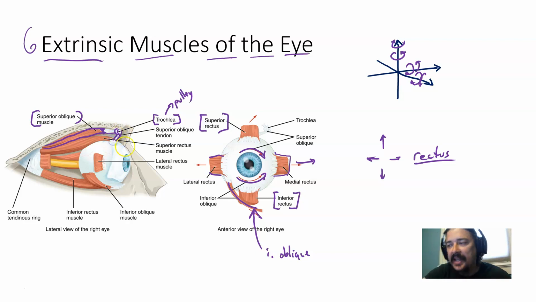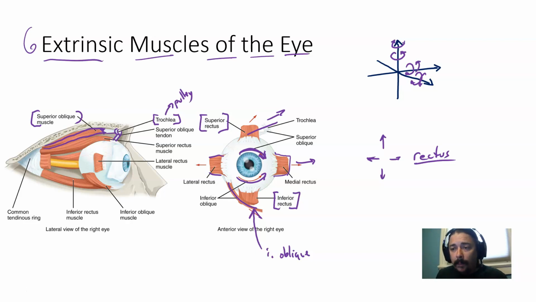The tendon then attaches to the eye obliquely, and that pulls the eye in a rotation. Whether it's counterclockwise or clockwise depends on the eye. I guess you'd call that medial rotation of the eye.